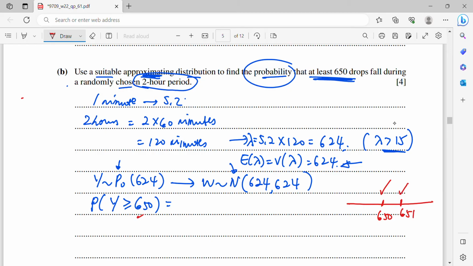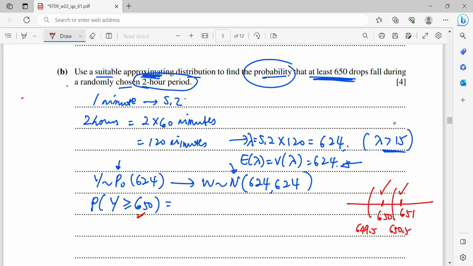All these will be your Y values. Since you are given 650, we have to consider two values: 0.5 less than 650, which is 649.5, and 0.5 more than 650, which is 650.5.